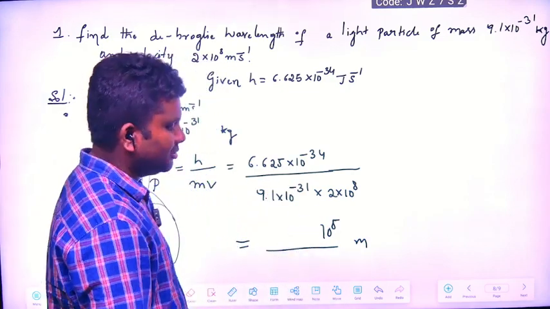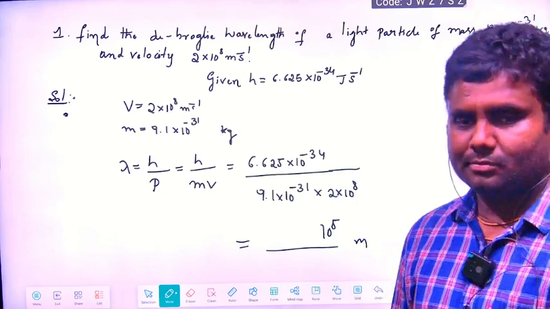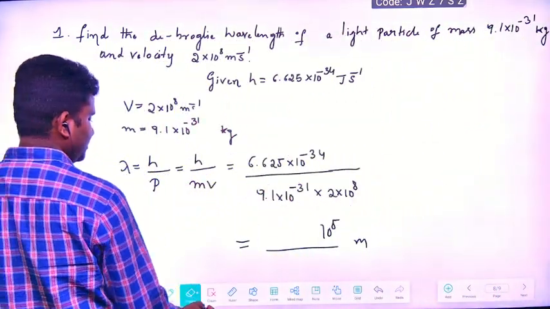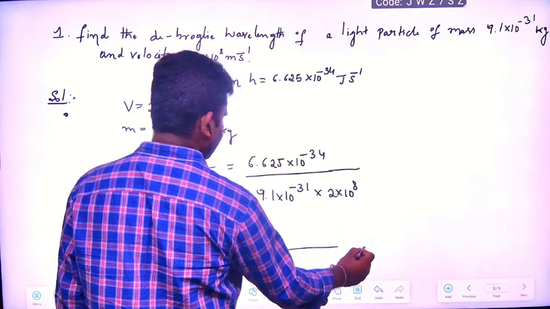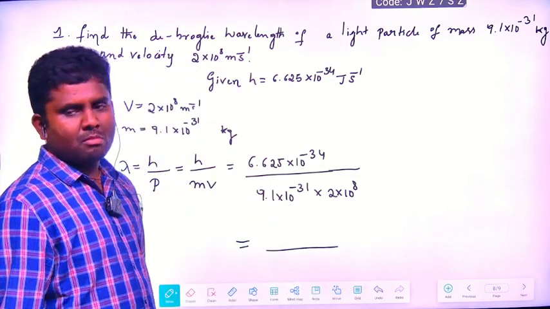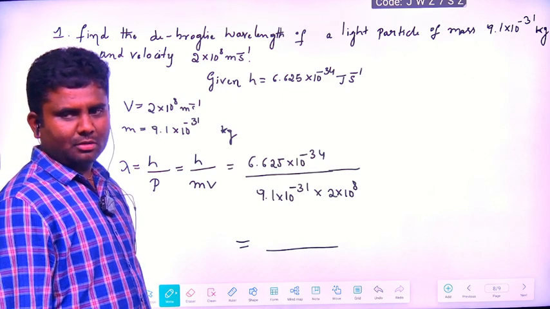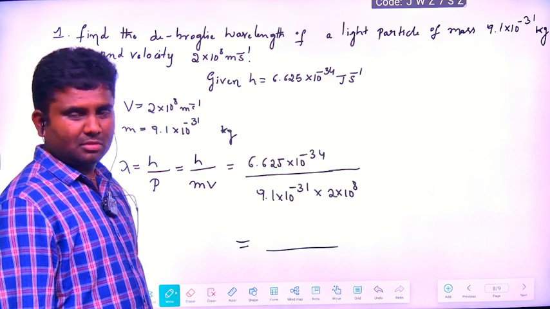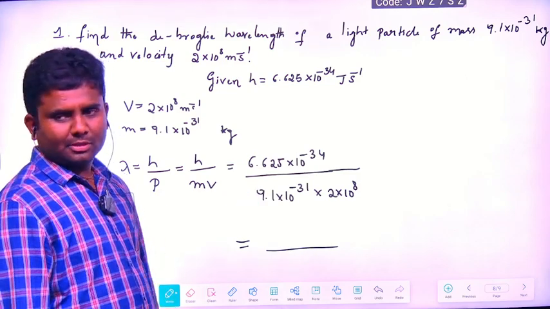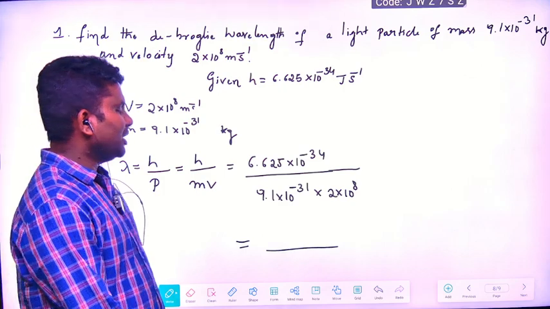So tell the answer, how much will you get? What is 9.1 into 2? 18.2. 6.625 divided by 18.2. Do it.